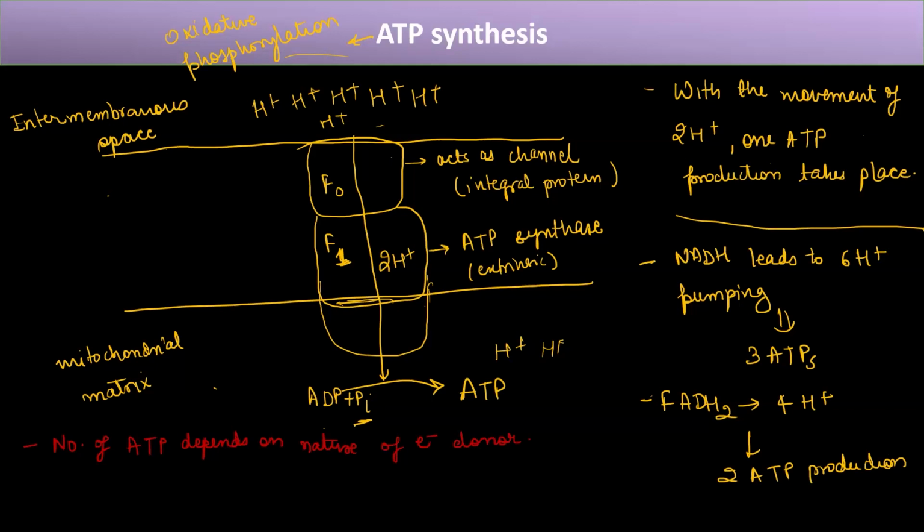And here, we had studied about photosynthesis and this oxidative phosphorylation. So what is the difference between these two? In the case of photosynthesis, light was the main source by which electron generation was taking place, right? Light was the main energy by which electron transportation was taking place.